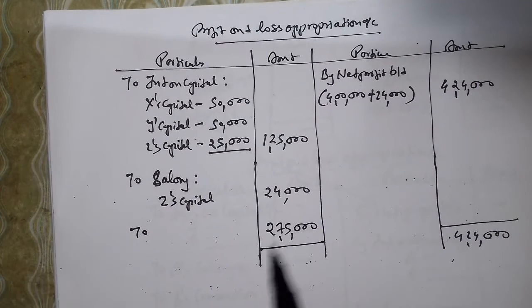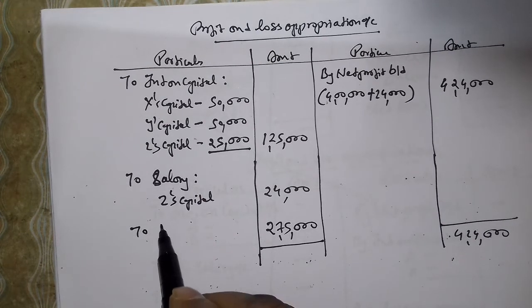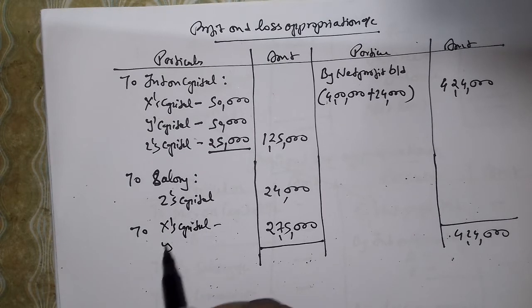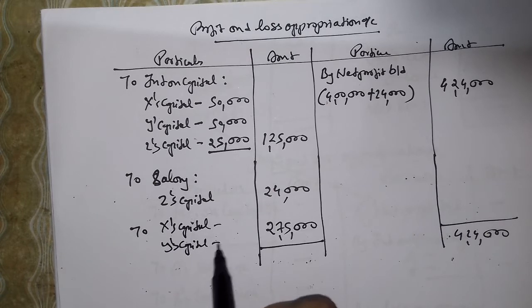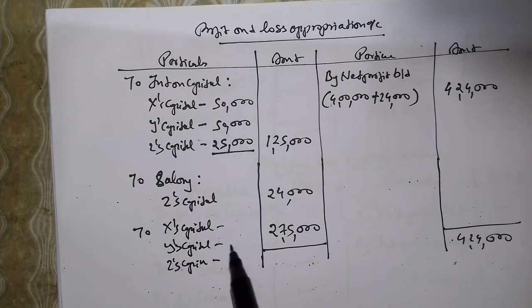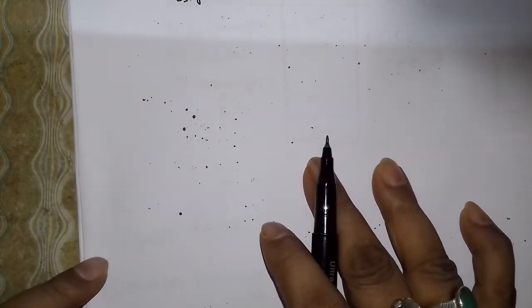Whatever balancing figure comes on the debit side is the profit of the firm, profit and loss appropriation. We will say 2,75,000, which will be divided between X's capital, Y's capital and Z's capital, because it will be transferred to the capital account. So 2,75,000. Now see the working note.